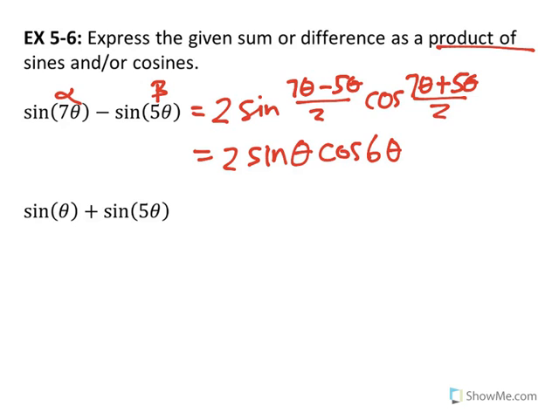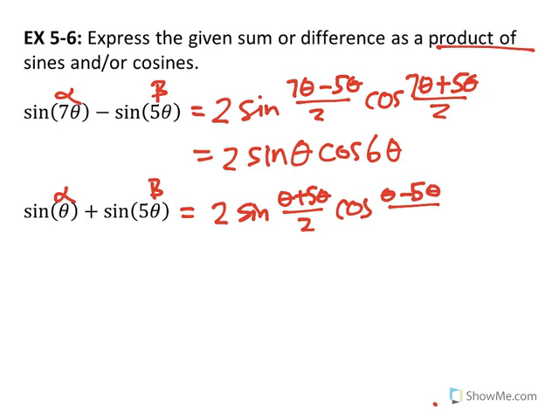Our last one here, we've got sine plus sine, so we use our sine plus sine, which gives us 2 sine of alpha plus beta, so that's our theta plus 5 theta over 2 times cosine of alpha, which in this case is theta, minus 5 theta minus beta over 2, and I'm going to go ahead and simplify that.